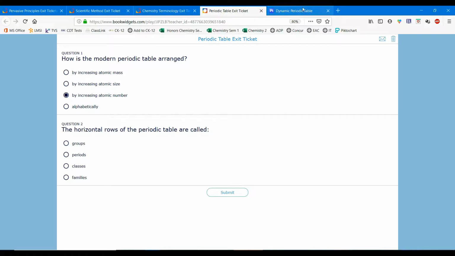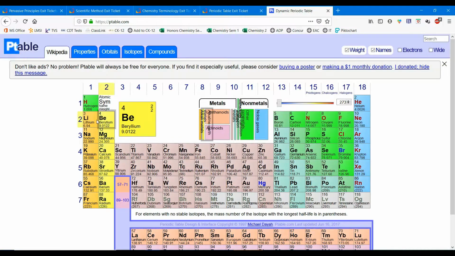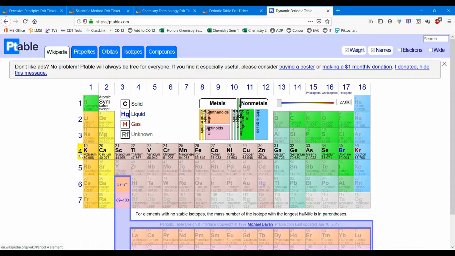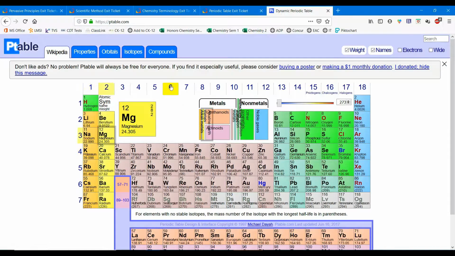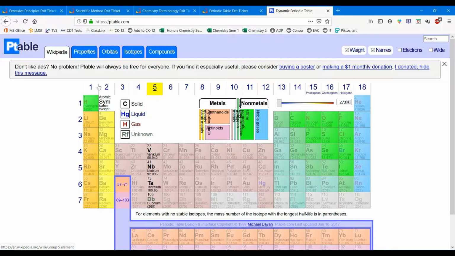Then again, pay attention to the difference between the horizontal rows, this row for example, that is labeled with the number 4, versus the vertical columns that are labeled in this interactive periodic table 1 through 18. We did talk about in class why you won't always see it numbered 1 through 18, and that it's actually more useful to number them in different ways.